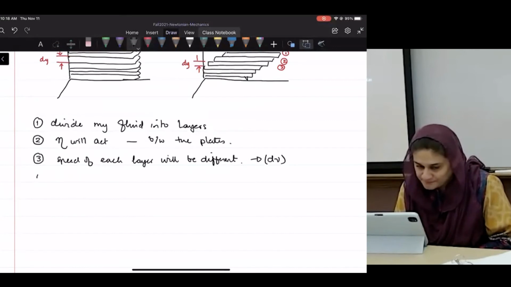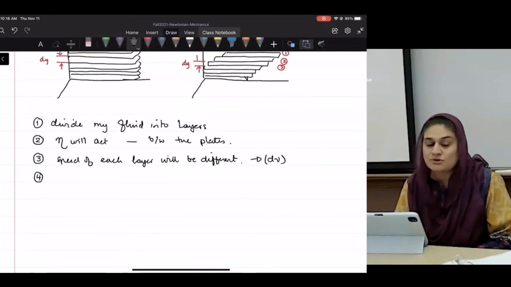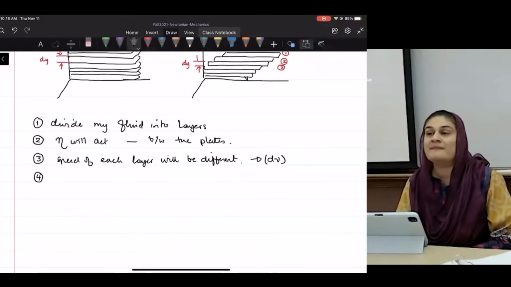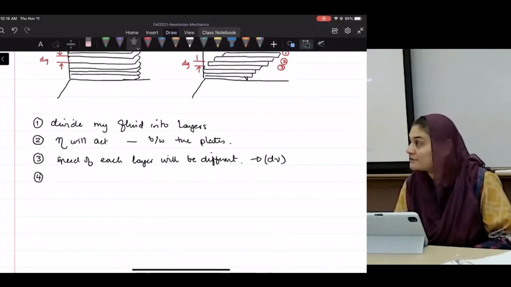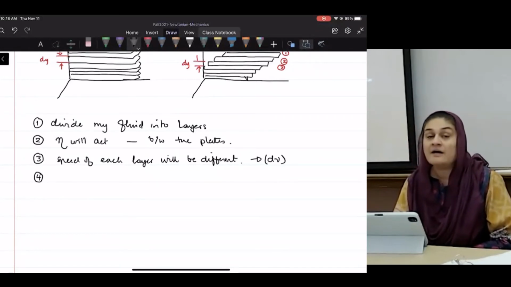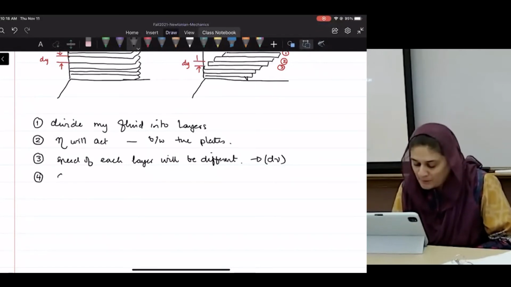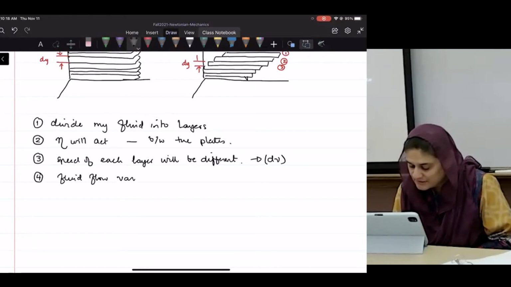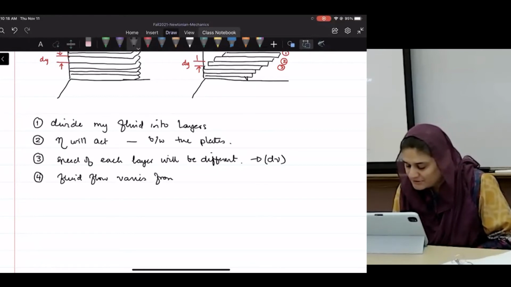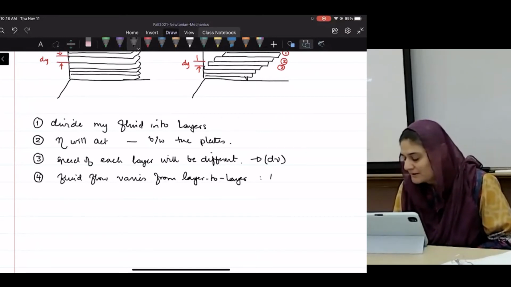Number 4. I am going to try to stay within the steady state condition, laminar flow, and I am going to say where the fluid flow varies from layer to layer, I'm going to call this laminar flow.